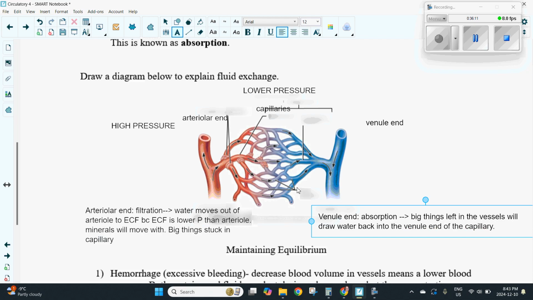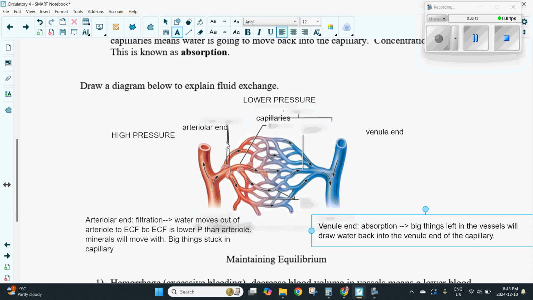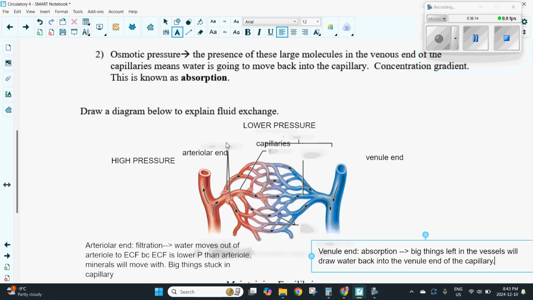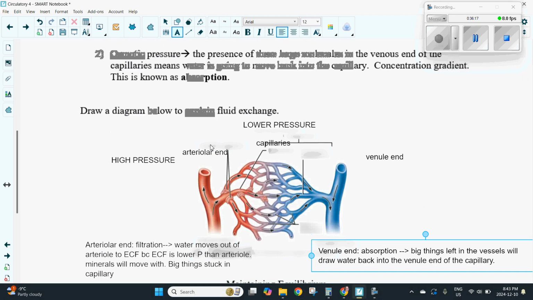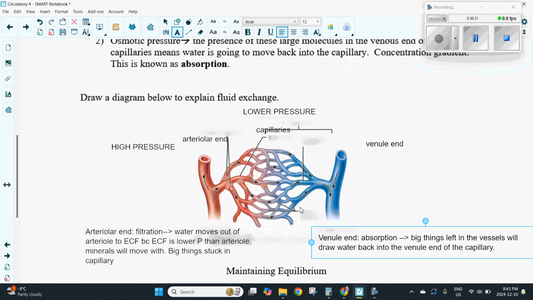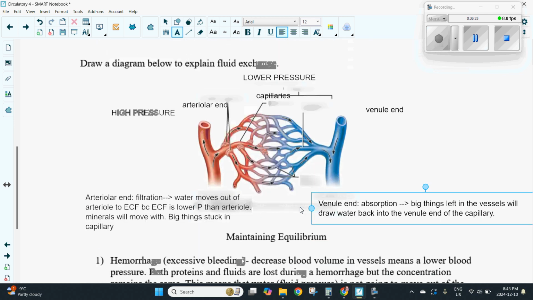This will maintain our blood pressure. This is known as osmotic pressure, whereas your arteriolar end is fluid pressure. These large molecules on the venule end will allow the water to be sucked back in, kind of like a sponge, and we are absorbing the water back in.